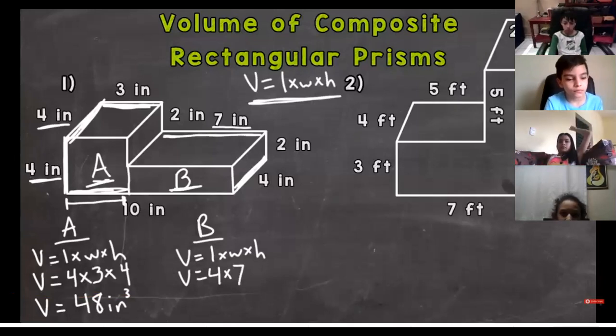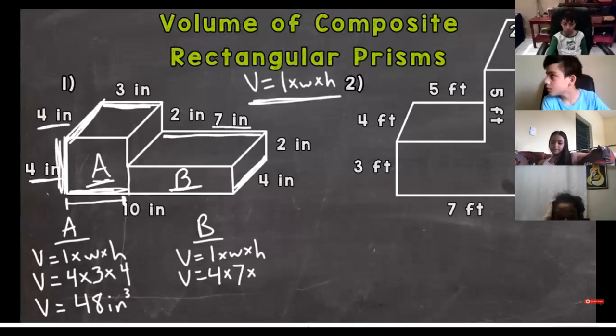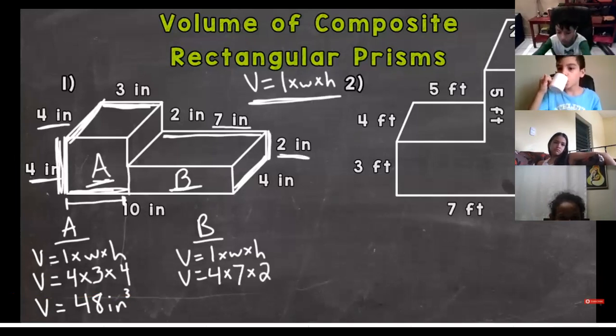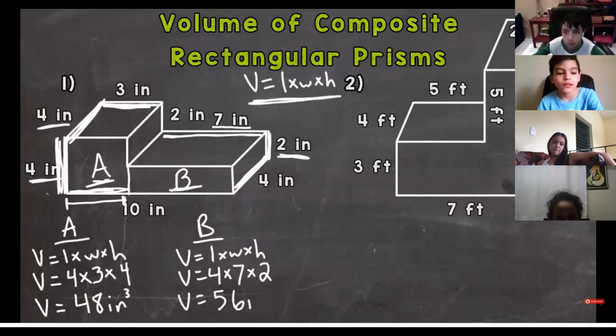And then the height: B isn't the full 4 inches that we use for A. It's a little bit shorter. This 2 inches is our height for B. So 4 times 7 is 28, times 2 is 56, and that's cubic inches.